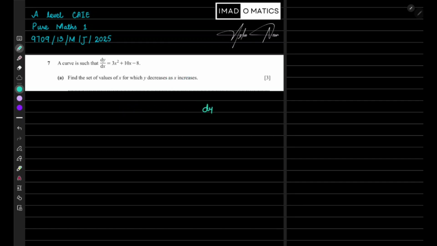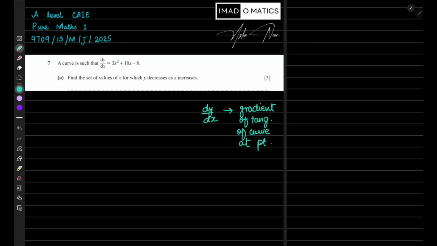What is actually dy by dx? It is the gradient of the tangent of the curve at that point, at some particular point.